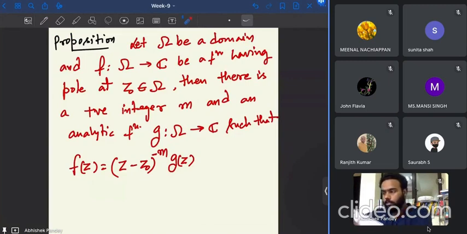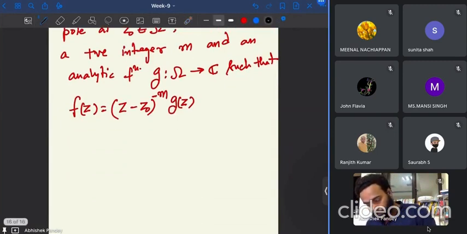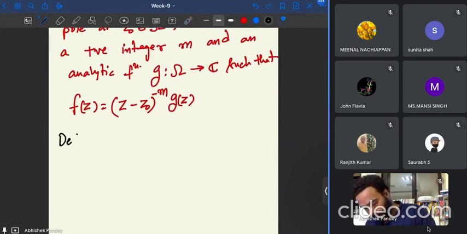Also, with this one we have one definition. So we can define now.